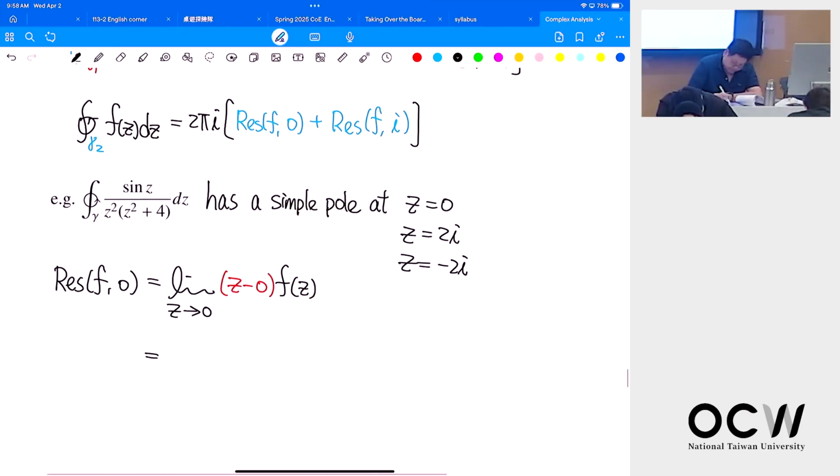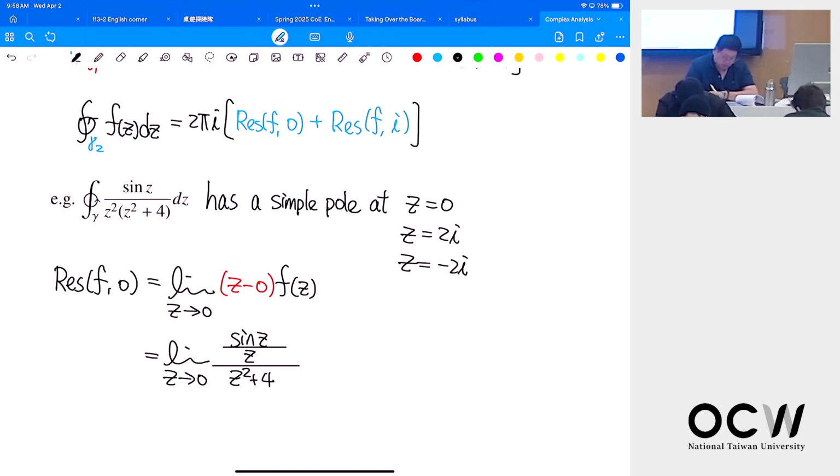You have sine z divided by z, divided by z squared plus 4. And you get 1/4.